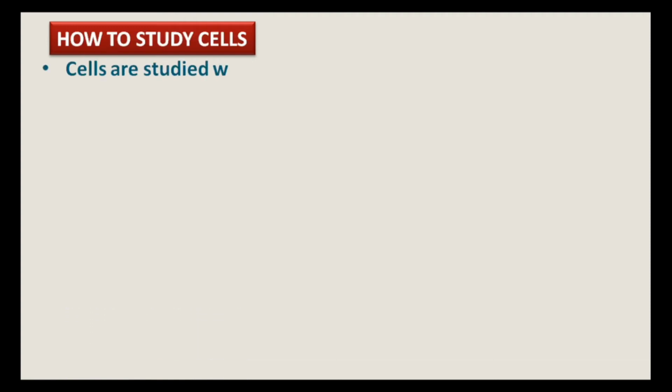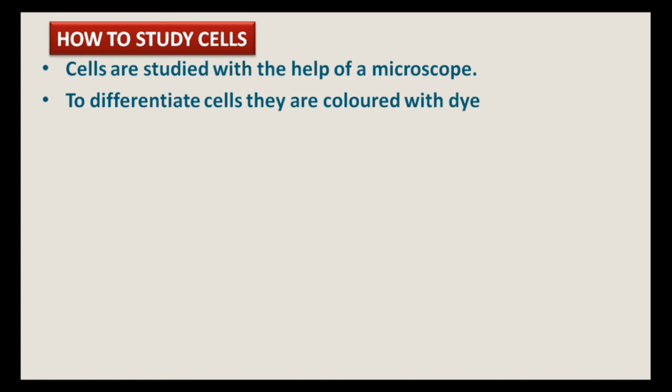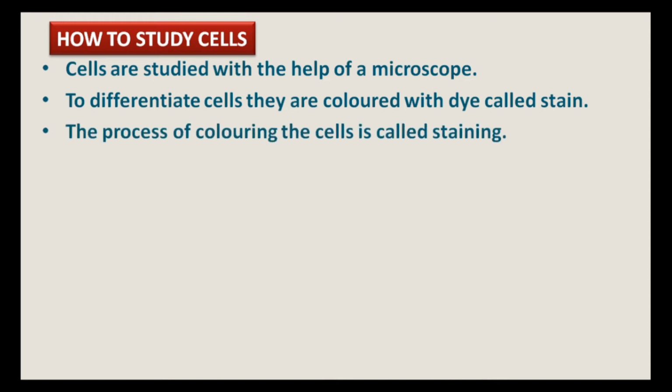How to study cells? Cells are studied with the help of a microscope. To differentiate cells, they are colored with a dye called stain. The process of coloring the cells is called staining.